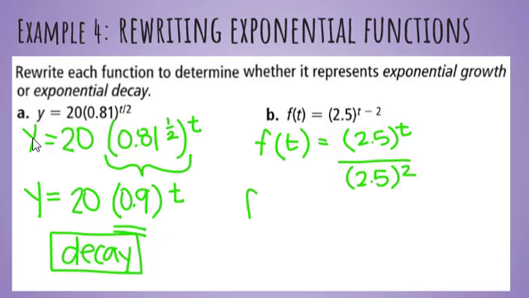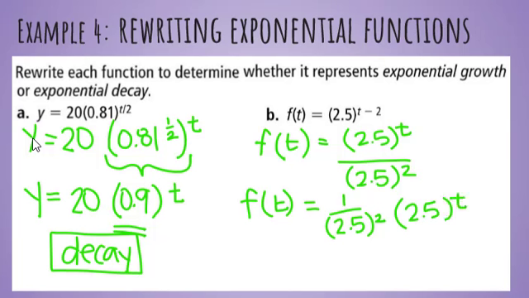Now to continue to simplify this, I'm going to pull this 2.5 squared out in front. I'm going to write it as 1 over 2.5 squared times 2.5 to the t power.